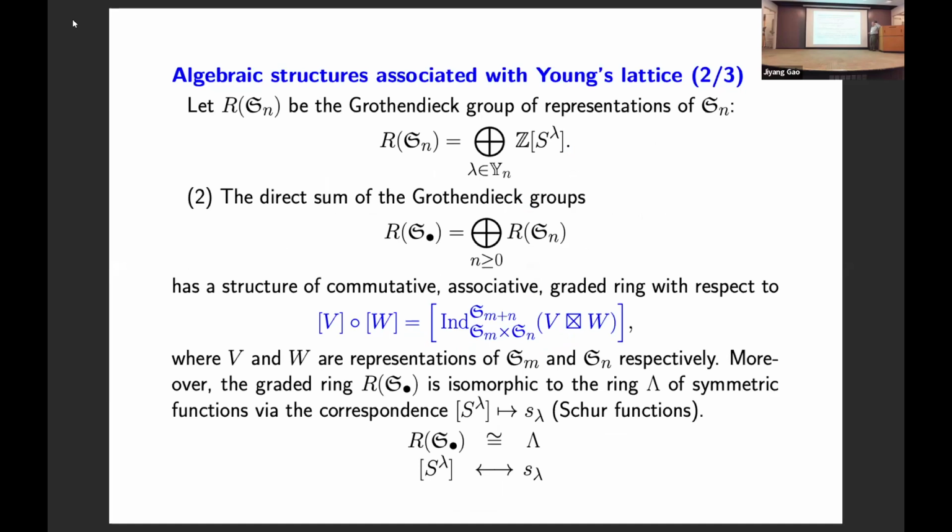Then this direct sum of Grothendieck groups has the associated commutative graded ring structure with respect to the induction product from S_n times S_m to S_{n+m}. And also it is known that this associated graded ring is isomorphic to the ring of symmetric functions, where the irreducible corresponding to lambda maps to the Schur function. Then this corresponds to the isomorphism between the graded ring and the ring of symmetric functions.